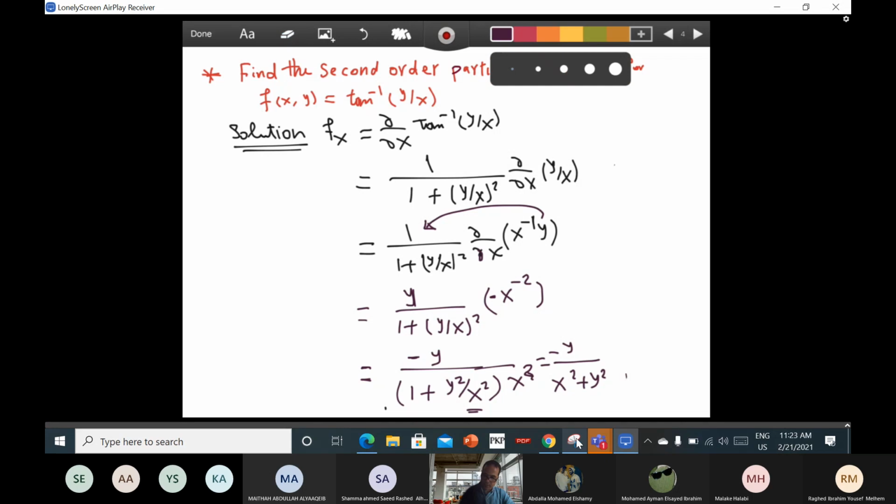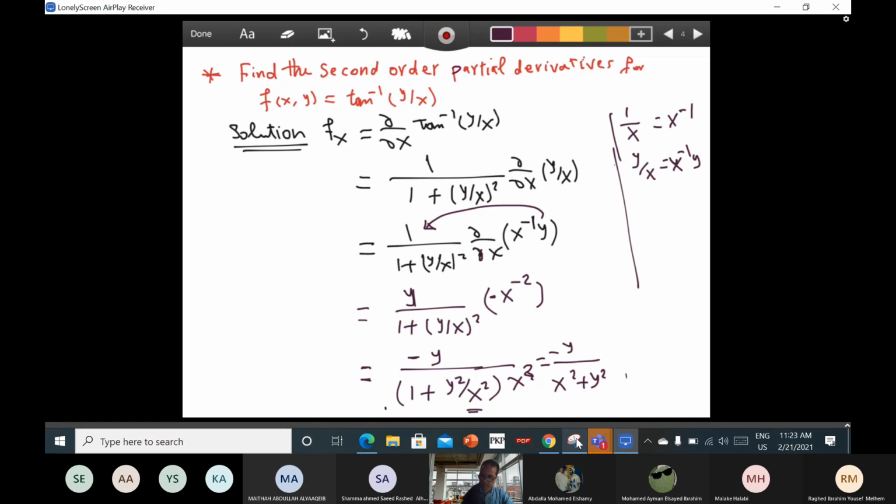It is better to have x up, right? So y over x is exactly x to the minus 1, because I know 1 over x is x to the minus 1, right? Then, how to differentiate partial by partial x for x inverse y? Once I differentiate with respect to x, y is constant, so I can take it outside.